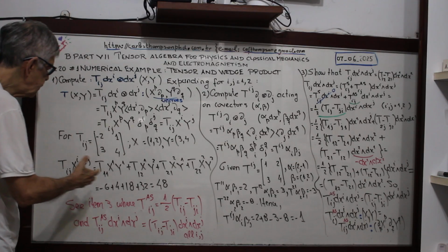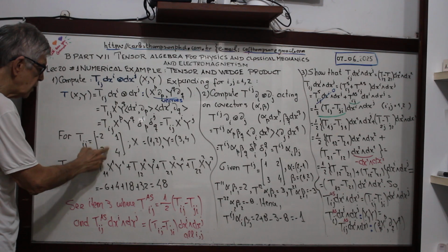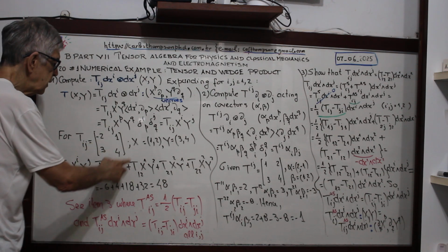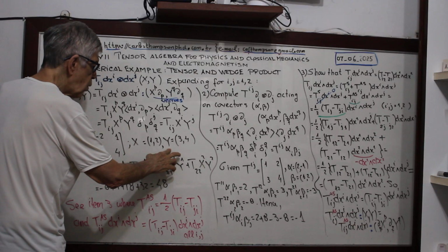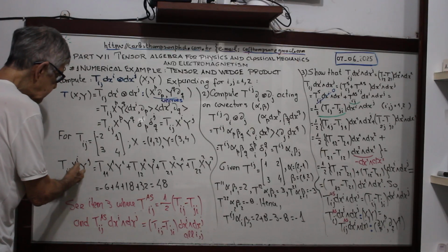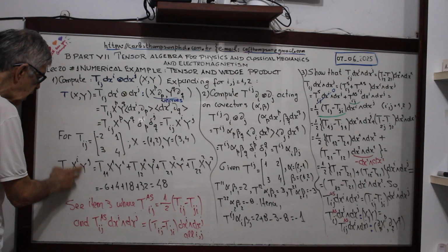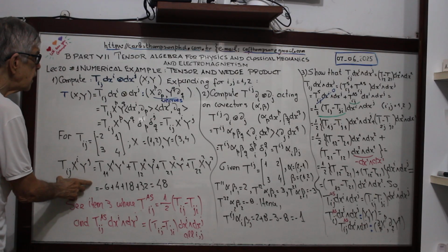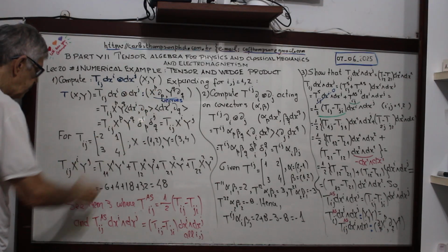Now, let's compute T_ij, given T_ij as minus 2, 1, 3, and 4, and the vector x with components 1 and 2, y with components 3 and 4. So I can expand T_ij x^i y^j, it's just the map over there.